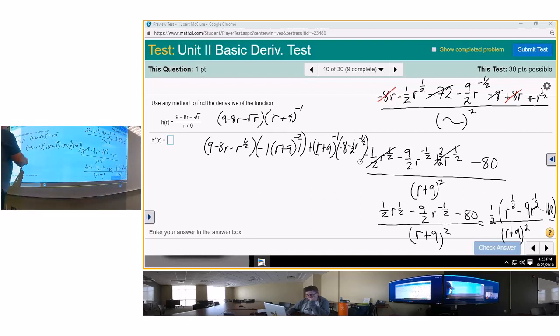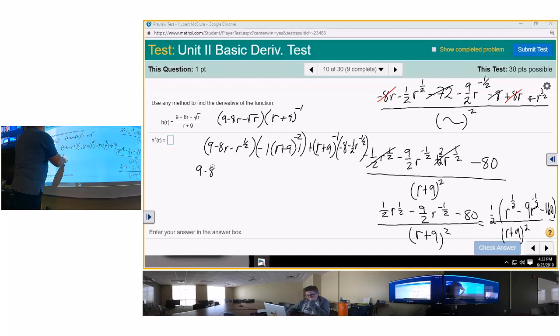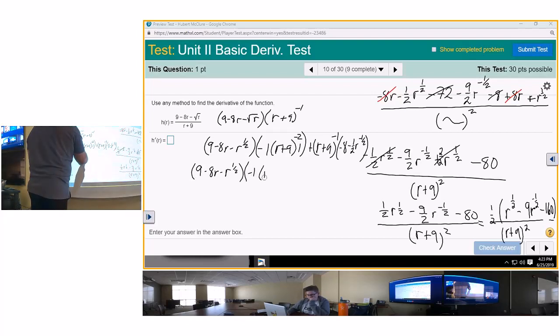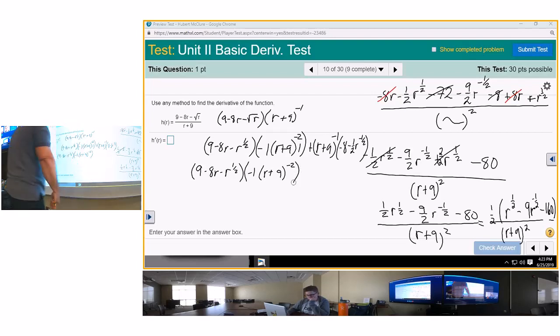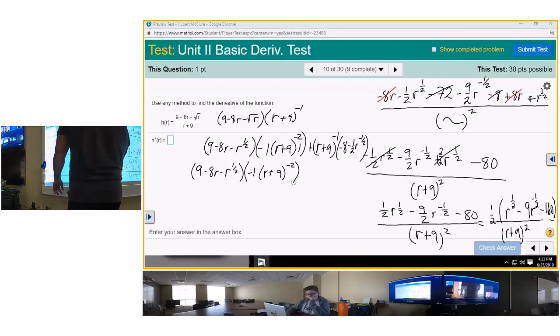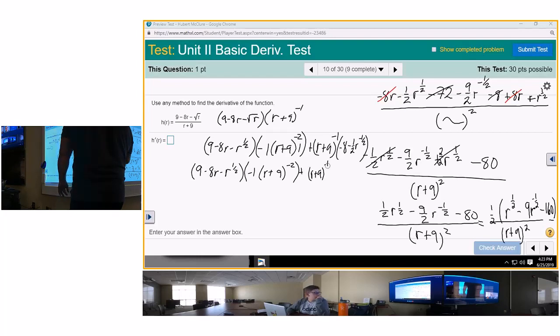That's going to give you 9 minus 8r minus r to the 1/2. And I'm just going to rewrite this as negative 1 times r plus 9 to the negative 2. Of course, that's going to come down. Plus r plus 9 to the negative 1 times, really nothing here, negative 8 minus 1/2 r to the negative 1/2.